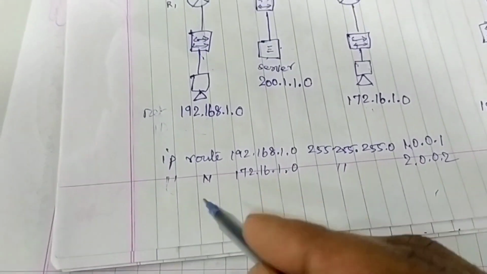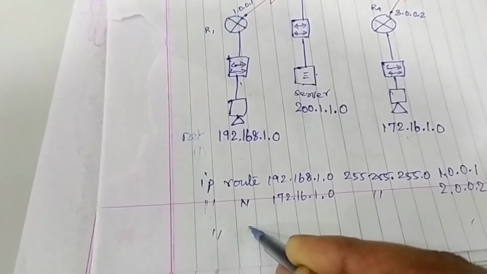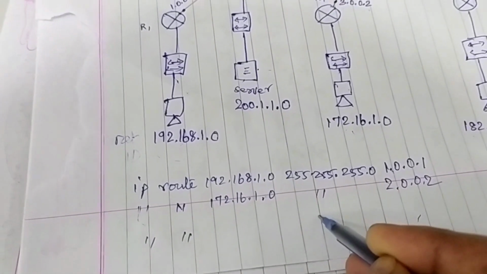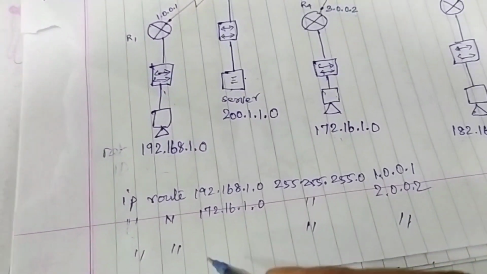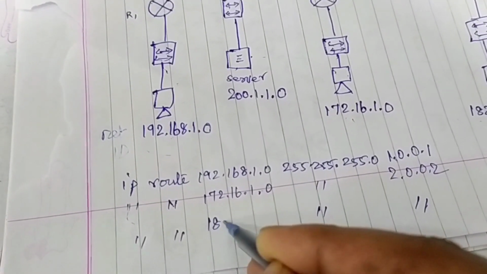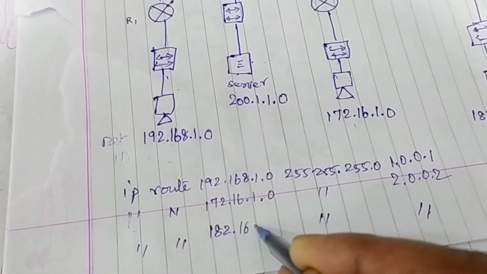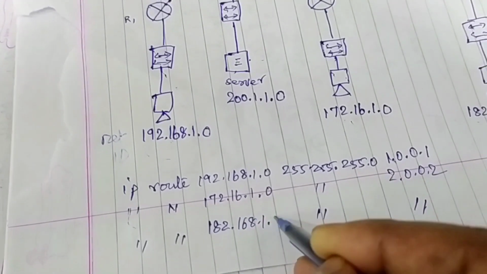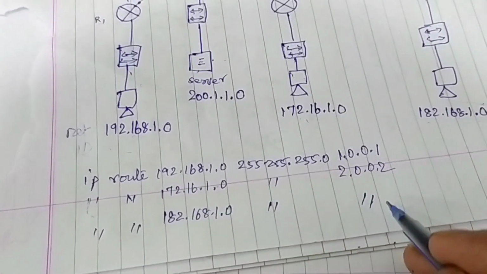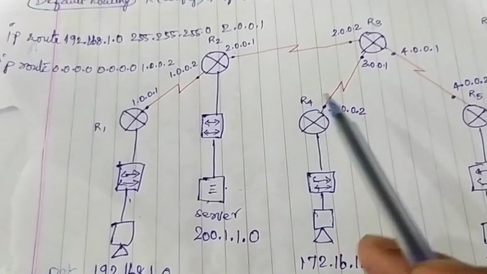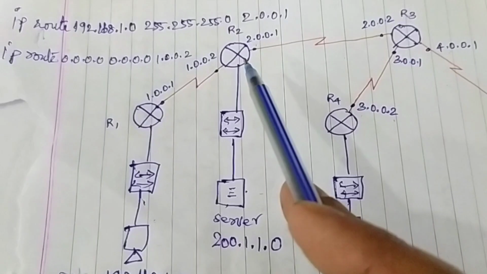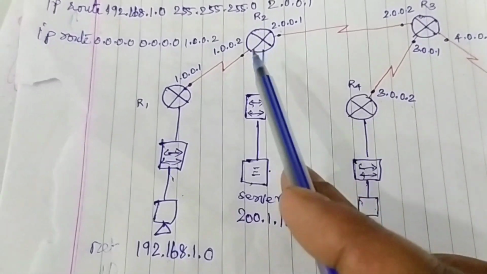The route, mask, everything is the same. Only I need to change the net ID, that is 182.168.1.0. That's it. Okay, I hope you understood. For the second case I took R3, now I am explaining for R2.